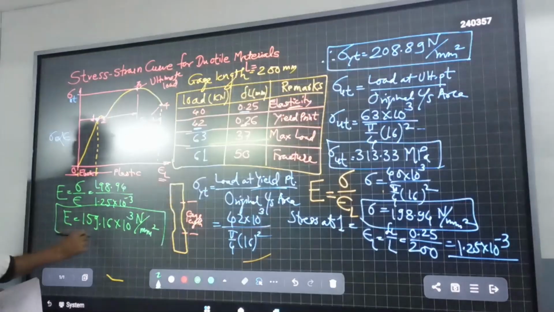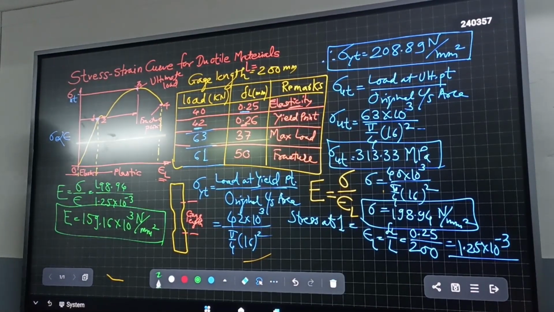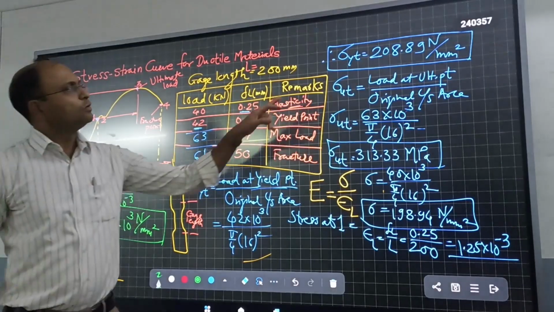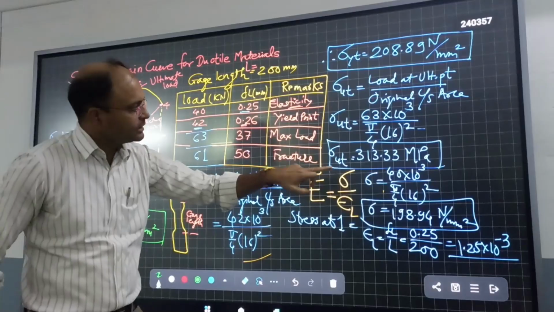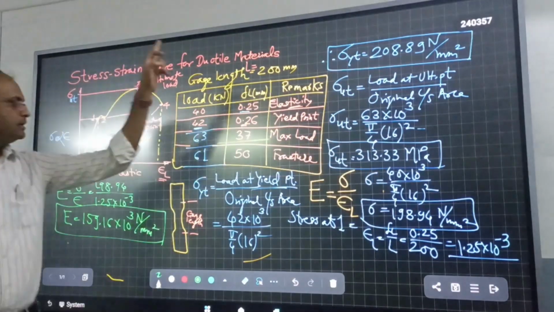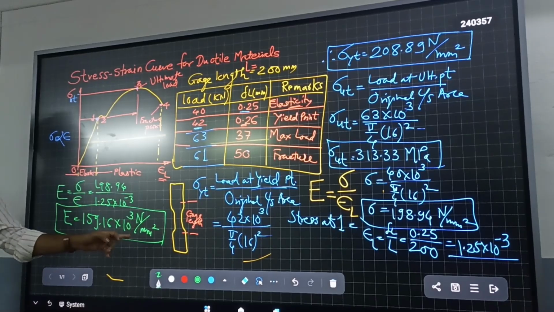This is Young's modulus. This is again an important problem. So we have calculated 3 important properties: yield strength, which is 208, ultimate strength, which is 313, and Young's modulus, which is 159 into 10 raised to 3 Newton per mm square.